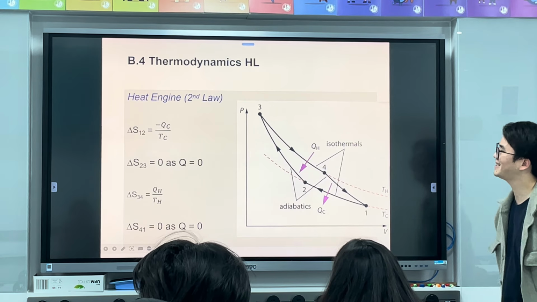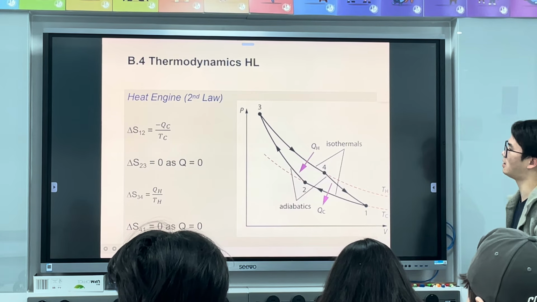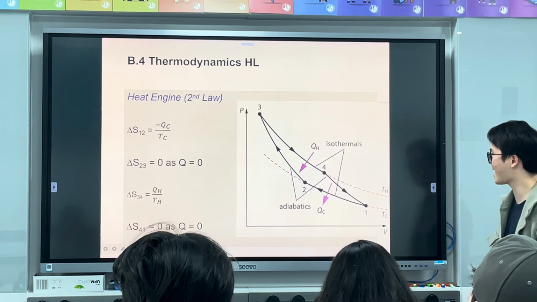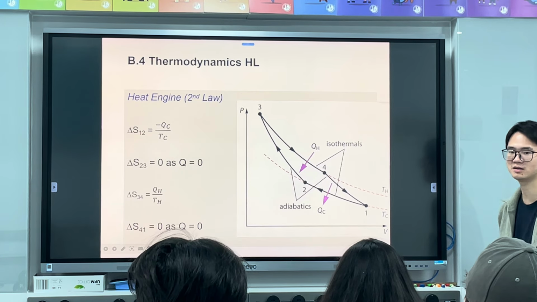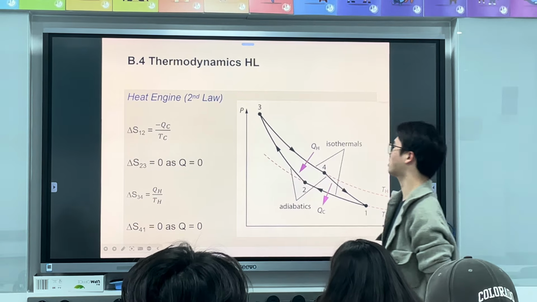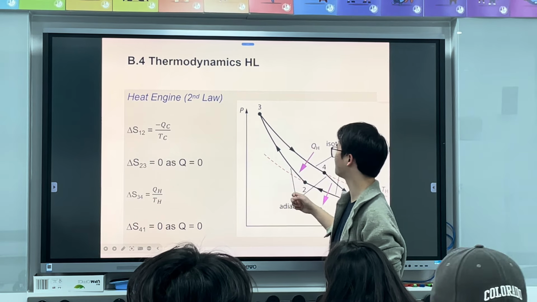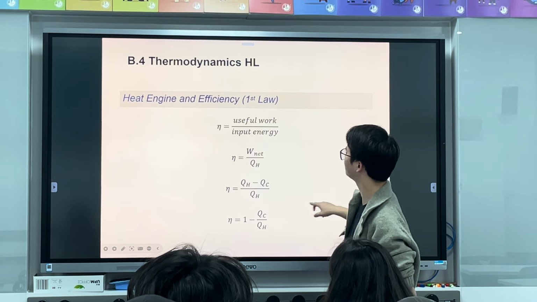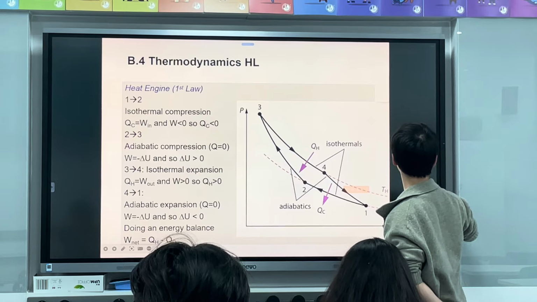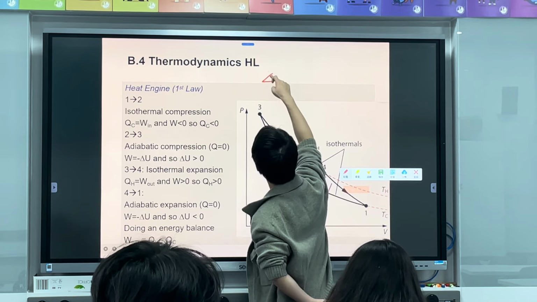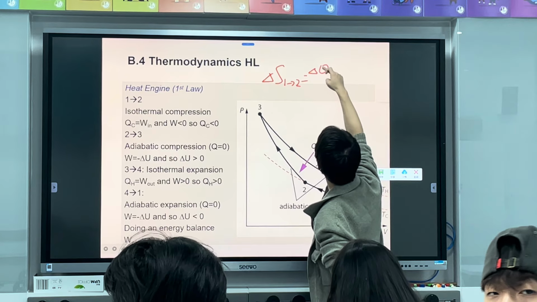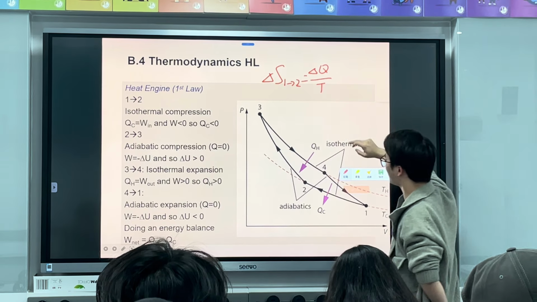So, heat engine, the second law: we need to look at each process and calculate the change in entropy. Now, for process 1 to 2, instead of directly showing you, let's try to calculate. The change in entropy from 1 to 2 equals change in Q over T, right?